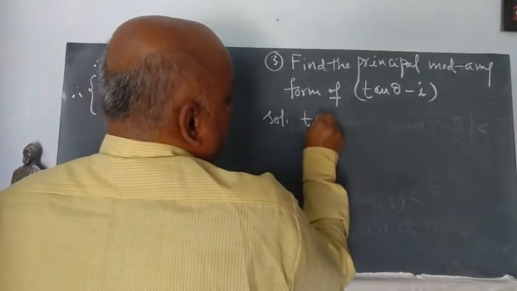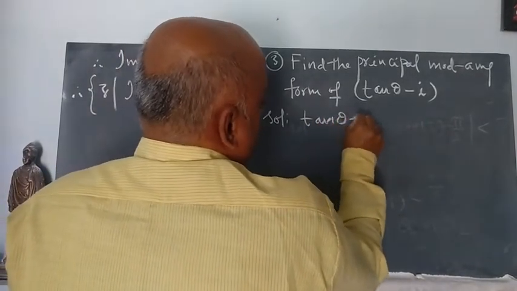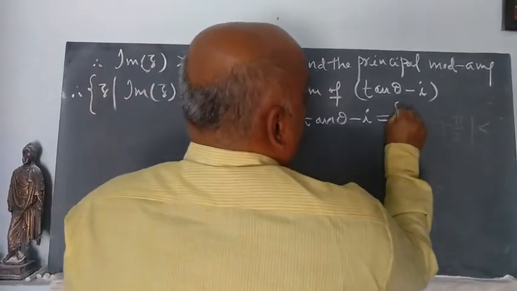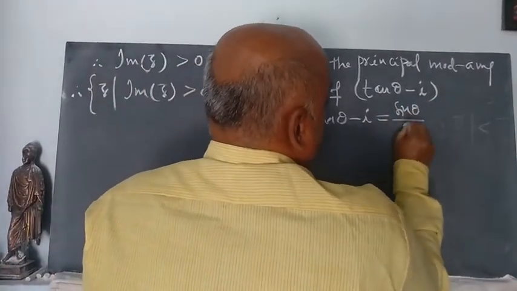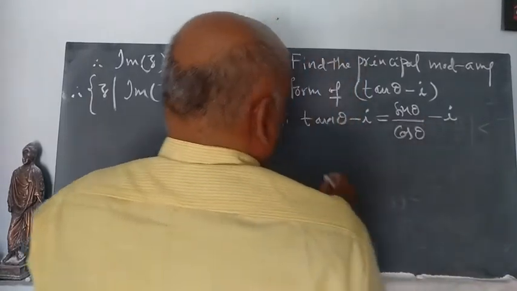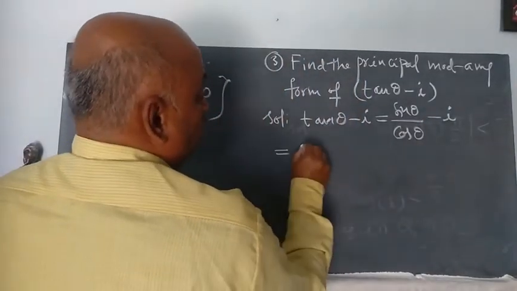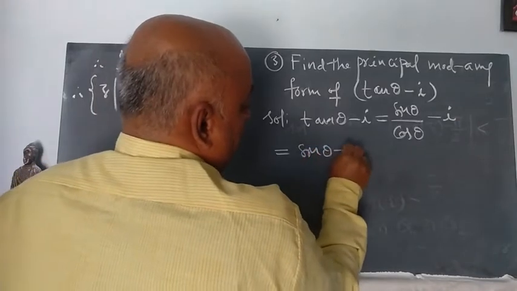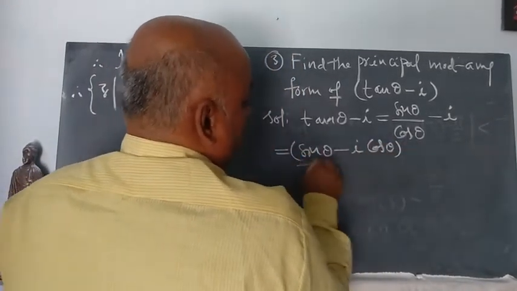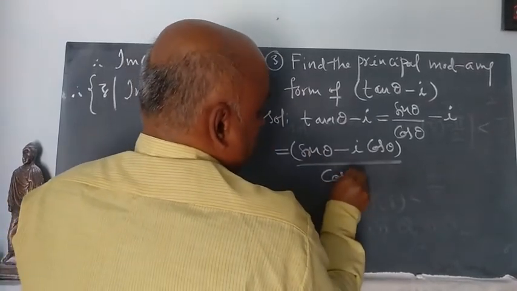So tan theta minus i, which is equal to, tan theta means sin theta by cos theta, minus i, which is equal to (sin theta minus i cos theta) whole by cos theta.